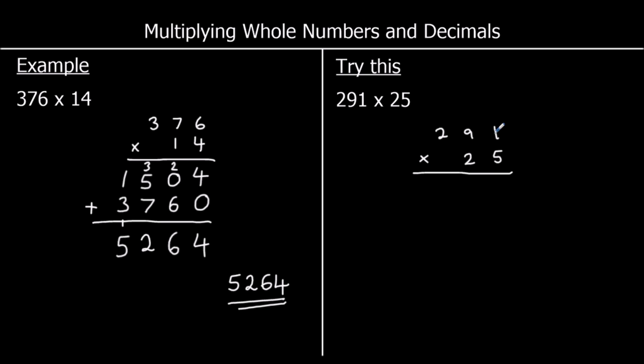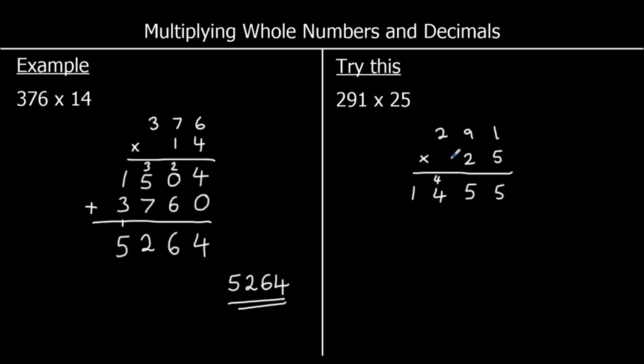So 5 times 1 is 5. 5 nines are 45. So the 5 is going to go in the tens, and 4 is going to carry over into the hundreds. Then in the hundreds, I've got 5 times 2, which is 10, plus the 4, 14. Carry over the 1, but there's nothing to add it onto, so it's just going to be 1,000.